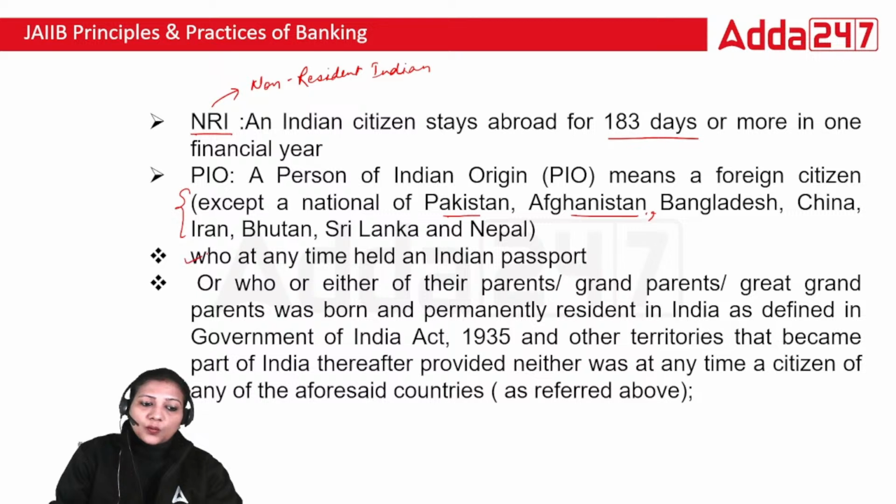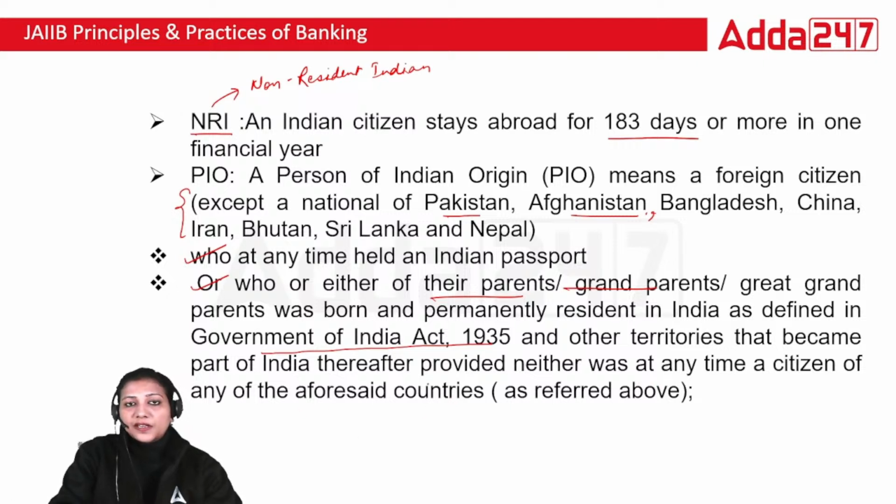Or either of their parents, grandparents, or great grandparents were born and permanently resident in India as defined in the Government of India Act 1935 and other territories that became part of India thereafter, provided neither was at any time a citizen of the aforesaid countries.